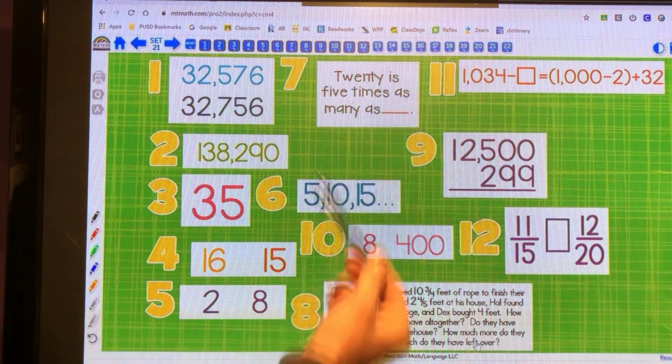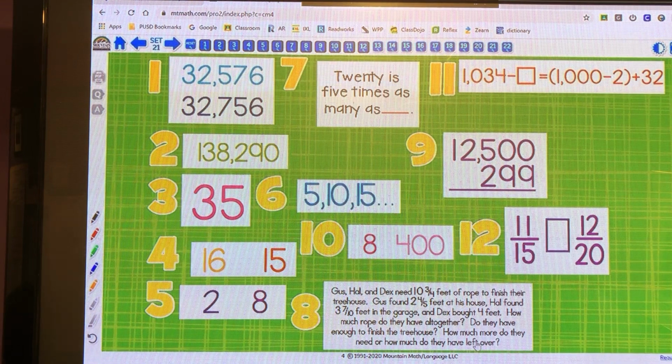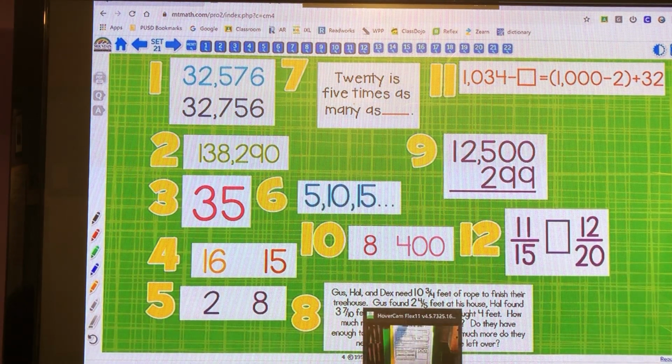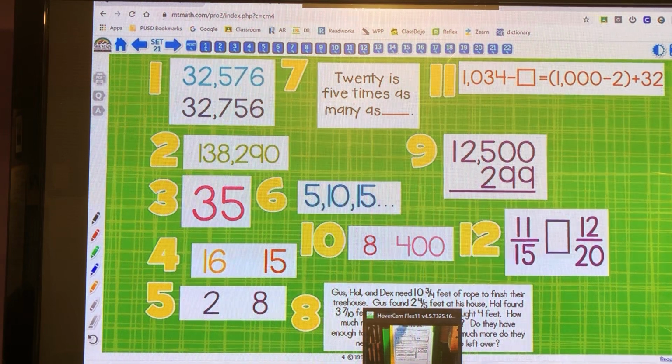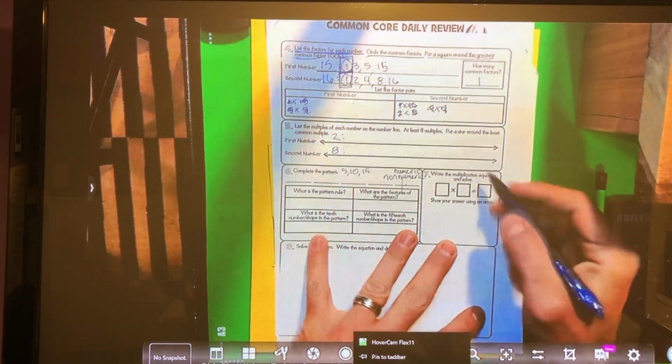Well, 20 is equal to the number 5 multiplied by some number. It's not necessarily the multiplication, but it's taking the word form and applying it to the equation that you have to create based on what the words say. So you're working backwards in this instance.